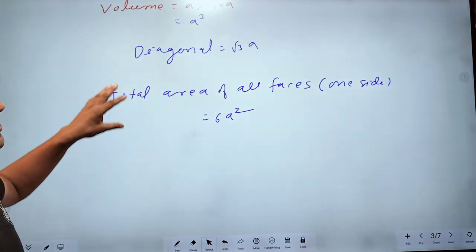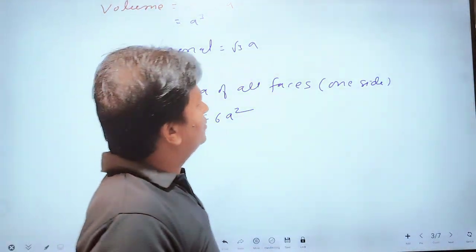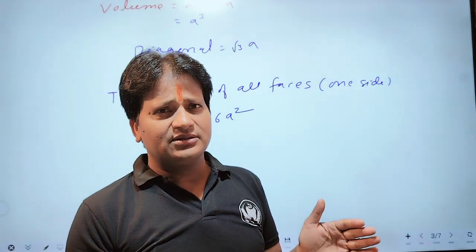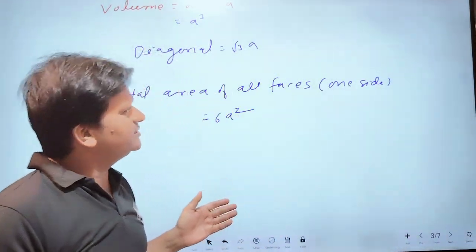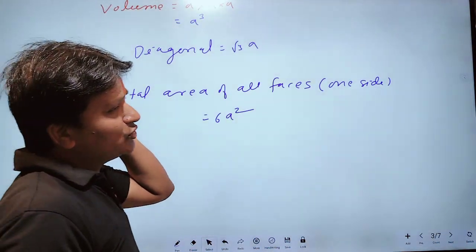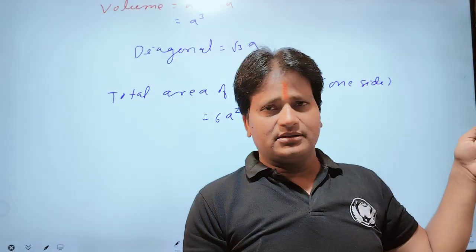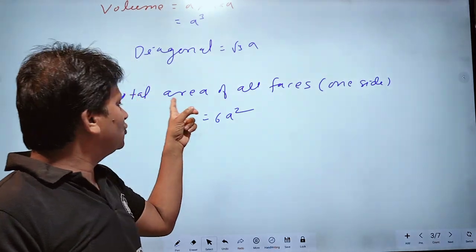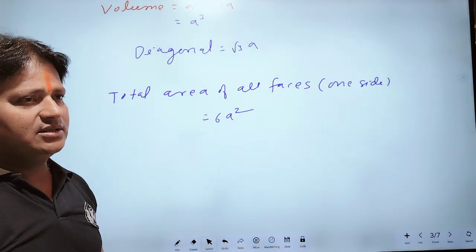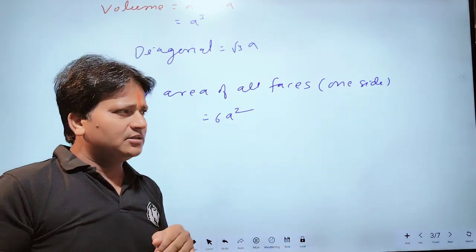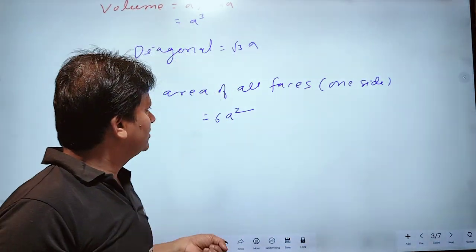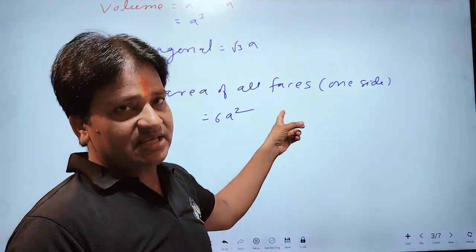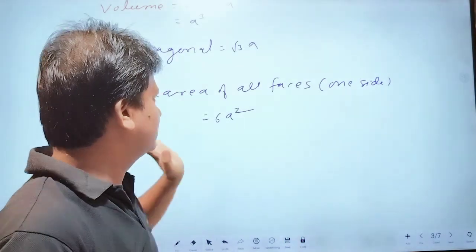Total area of all faces. Face has area on both sides. We take one side area. Total area of all faces is 6a squared. If you take both sides, therefore we add 6a squared again.